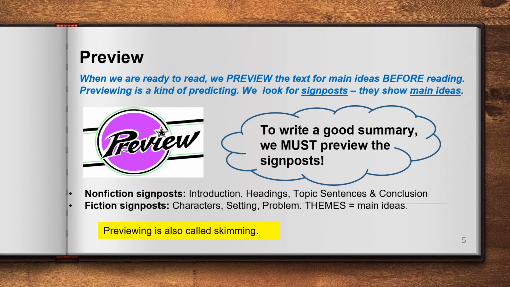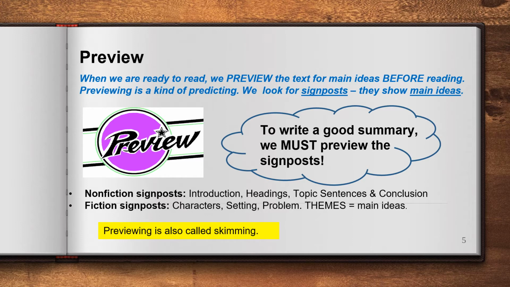So when you've chosen what you want to read, you don't start reading straight away. You preview the text, you look at those signposts to get the main ideas before you start reading. So actually previewing is a kind of predicting. And you're looking for the signposts because they show you the main ideas. So really, to write a good summary, you must use the signposts, absolutely.